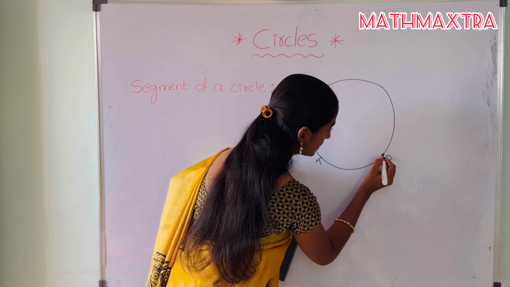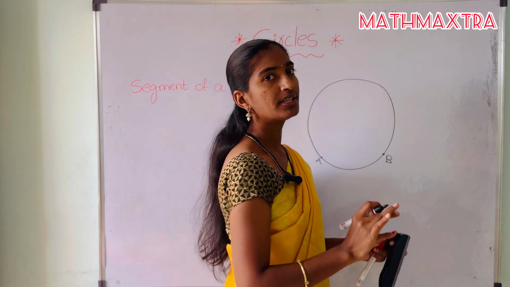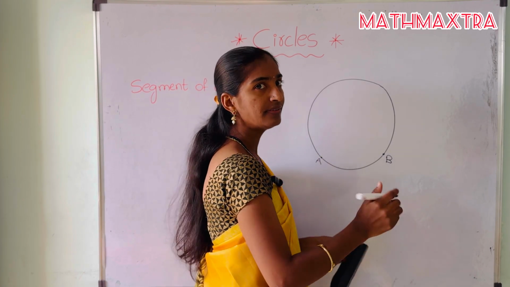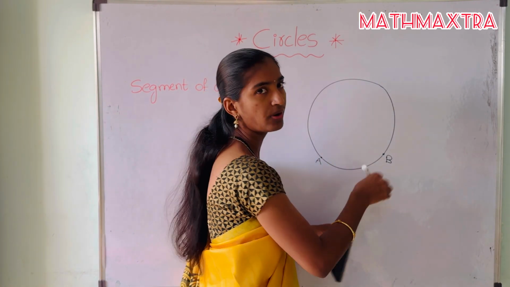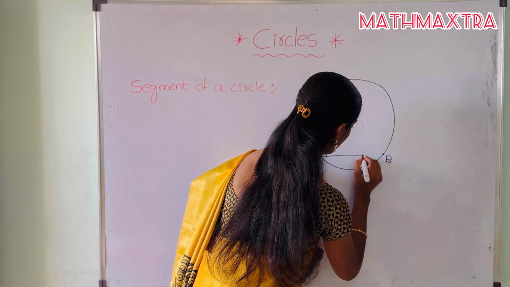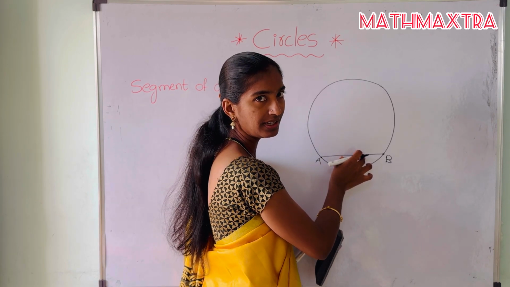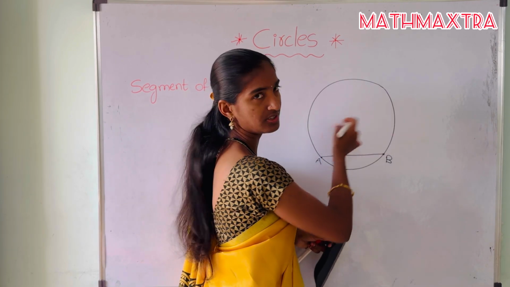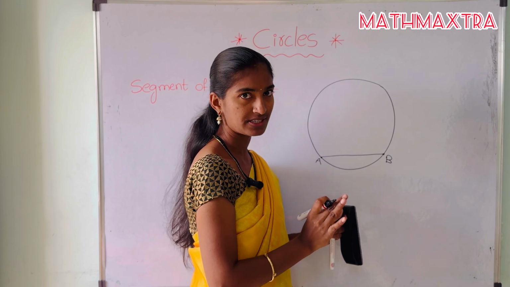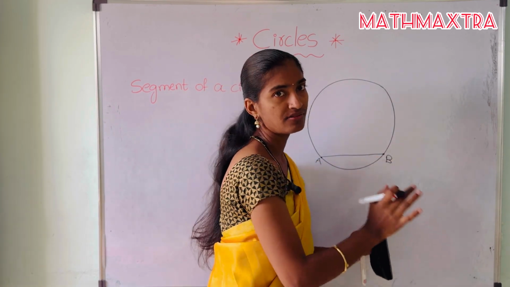We have to consider one chord which is joining the same endpoints of the arc. If you join this, it is a chord of a circle, joining any two points on the circle. So this is a chord of a circle and this is an arc of a circle.